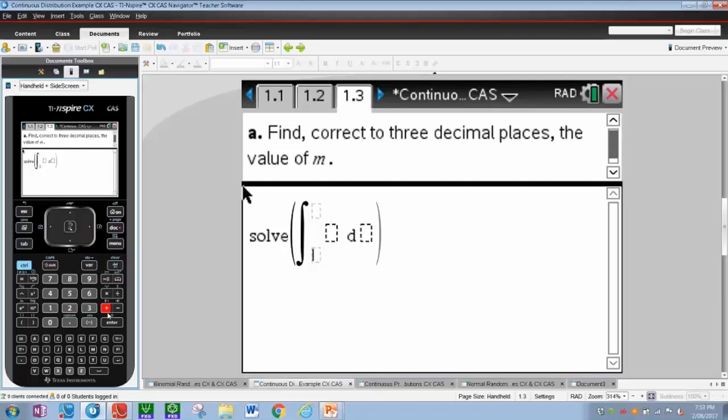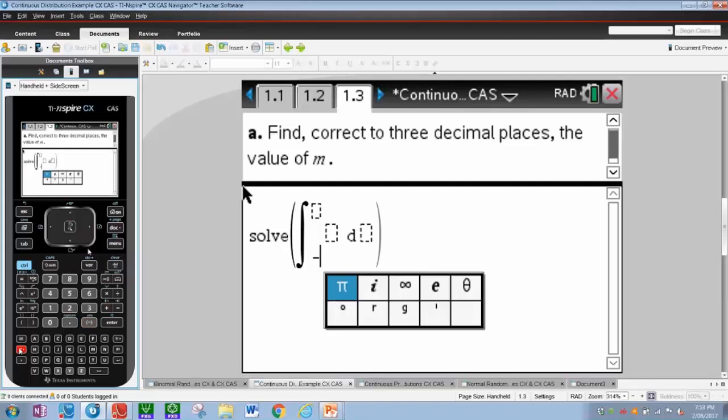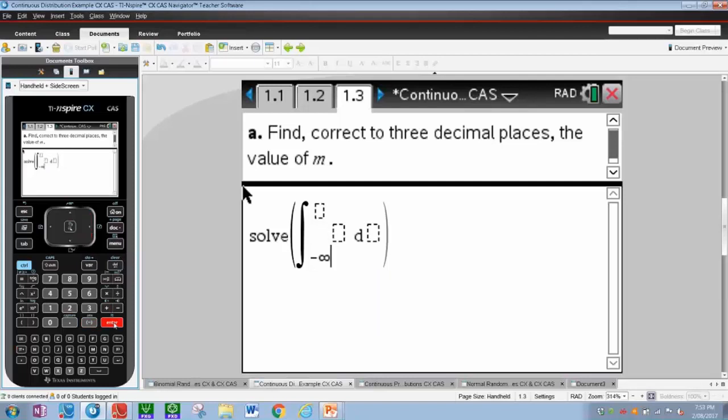We know that the value of m, or the median, occurs when you go from negative infinity, tab, to the value m. And we already have the function defined, so you can press the var key, press down and press f, then x, close bracket, and tab along, press x, tab again, equals 0.5, and we are solving for m.